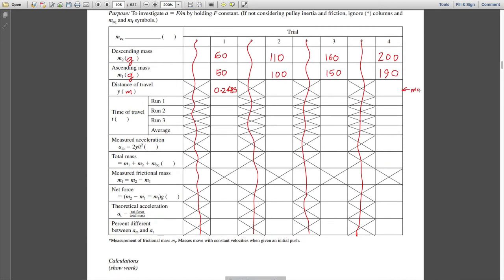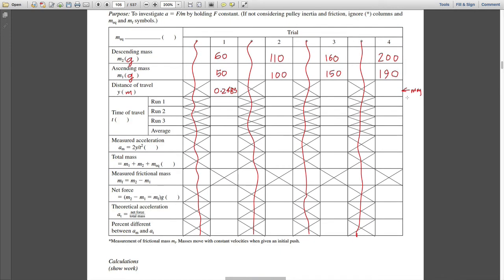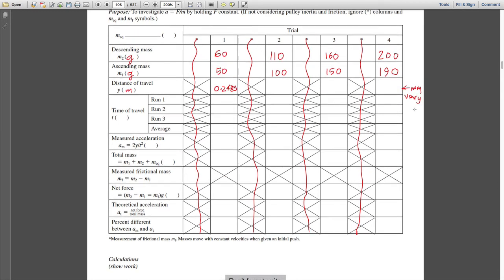So don't ask why your value is different from mine, because the simulator just changed this value. As I said, one value is enough. That means you don't need to do 3 runs, just do 1 run.